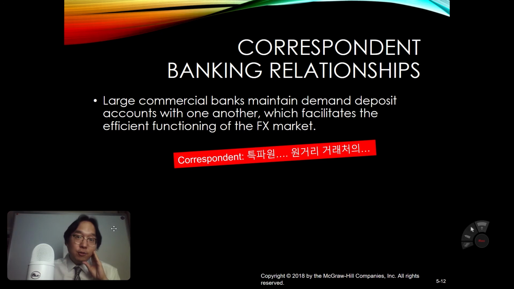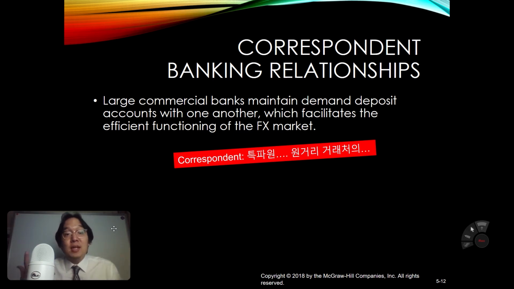But later on, you realize that, what the heck, as long as Bank of America keeps a deposit account in Deutsche Bank, and that deposit account, by the way, has two different kinds: one US dollar deposit account, the other a euro deposit account.